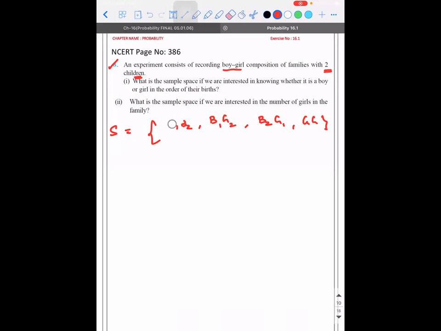What we will do is, instead of taking B1, B2, I will take the combination like this: a boy and a boy, a boy and a girl, a girl and a boy, or a girl and a girl. Can you please check how the answer is given at the back?